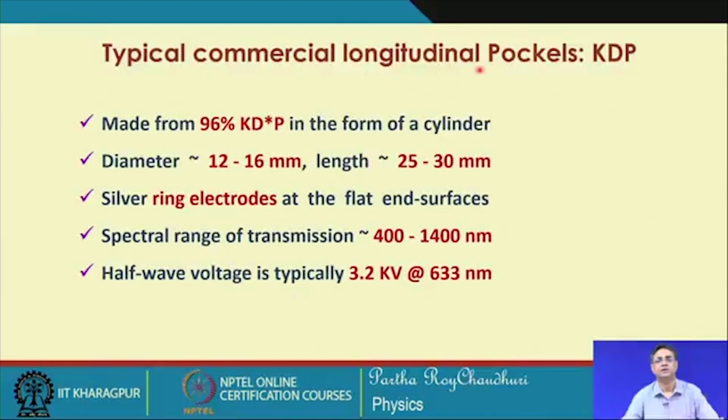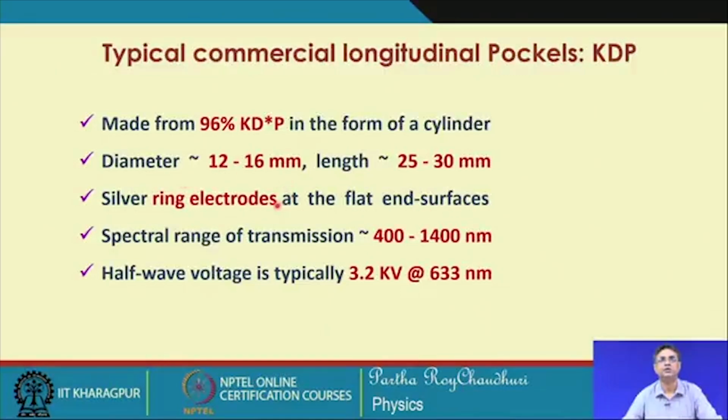Typical commercial longitudinal KDP crystals, which are made in the form of a cylinder, have diameters of 12 to 16 millimeters. These are typical numbers for commercial KDP crystal modulators.